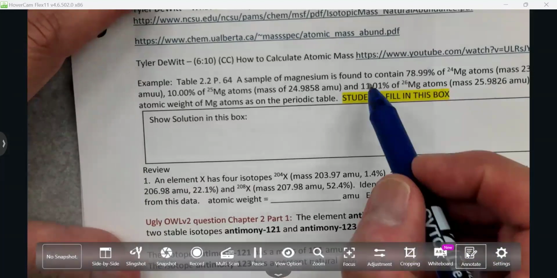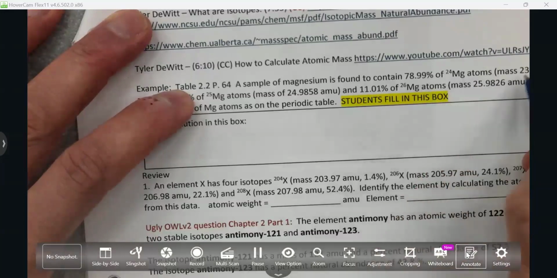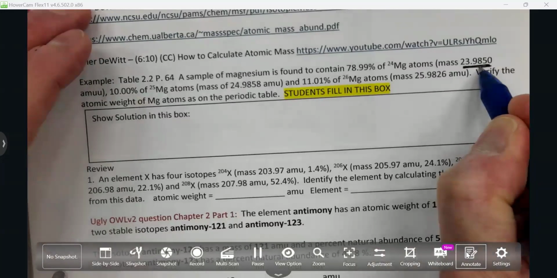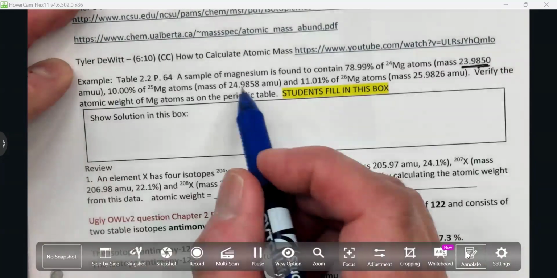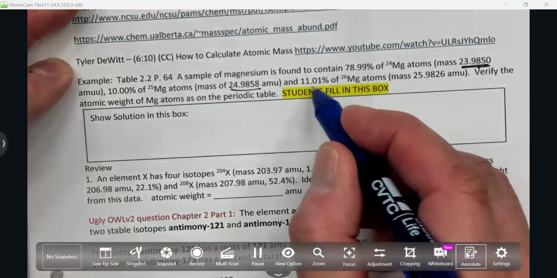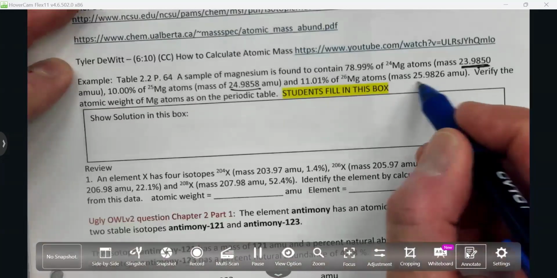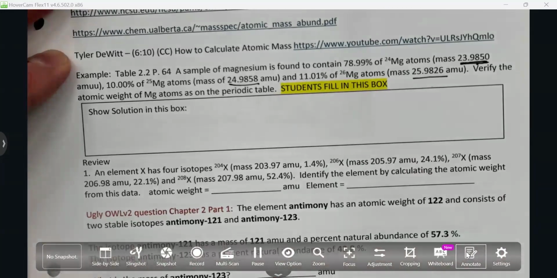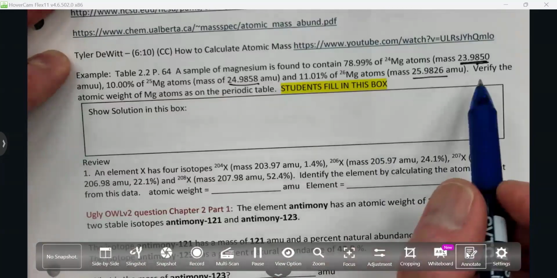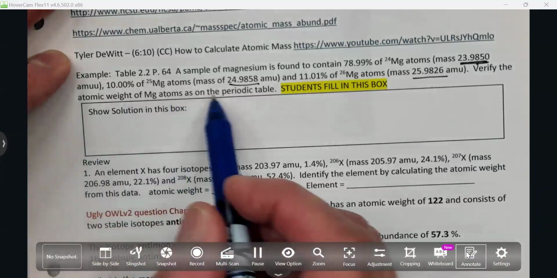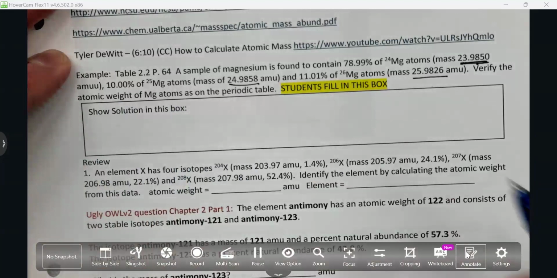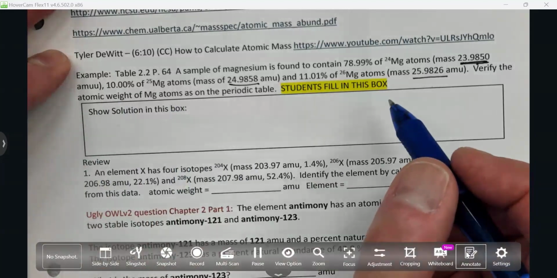So let's do the weighted average here for this example. So a sample of magnesium is found to contain 78.99% magnesium-24 with this mass, 10% magnesium-25 with this mass, and 11.01% magnesium-26 with this mass. Okay. Verify the atomic weight of magnesium atoms as on the periodic table. So we would do a weighted average.